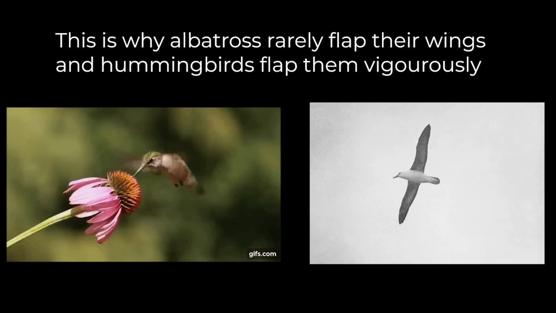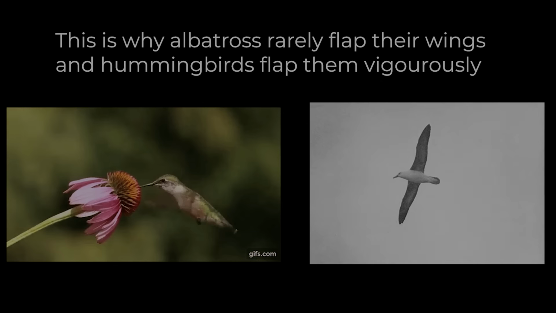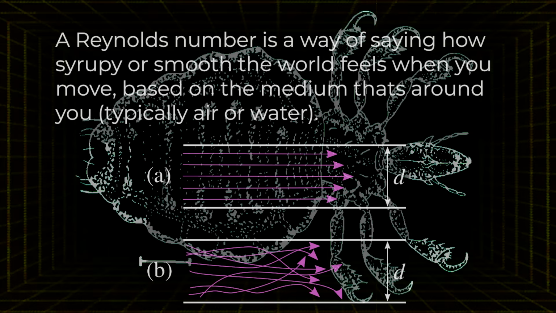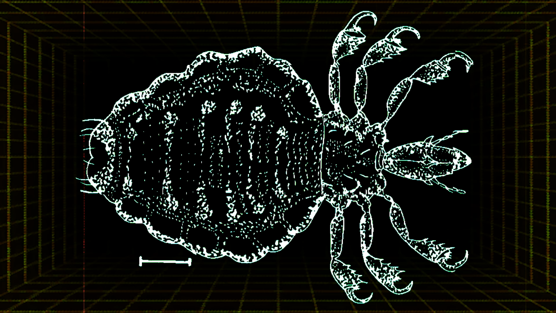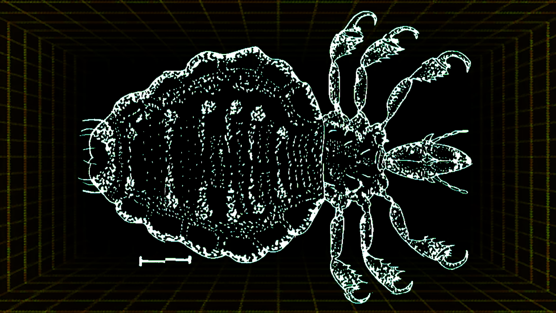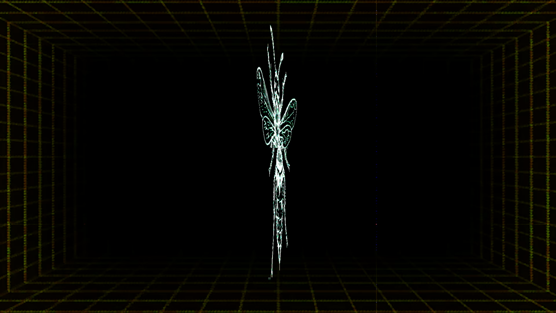But as you shrink down, what are called Reynolds numbers come into play. These measure the ratio of inertial to viscous forces in a fluid. And basically at the insect scale, they measure how thick the air is, or at least how it behaves. At the insect scale, the thickness of the air makes it harder to generate lift through speed alone.